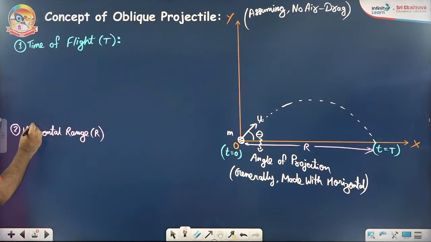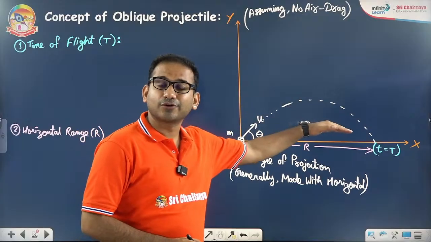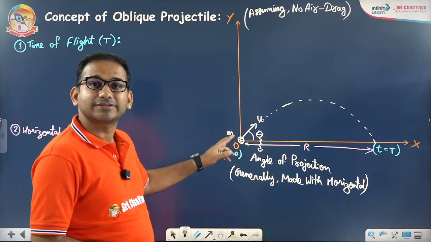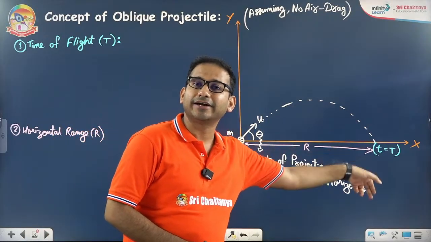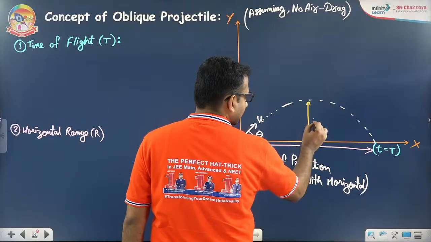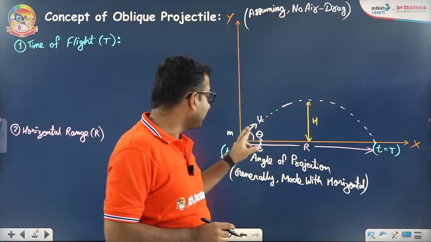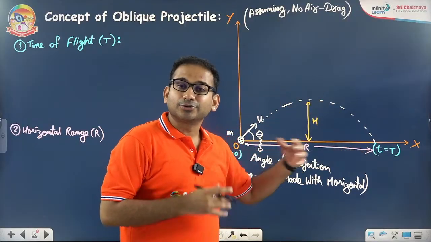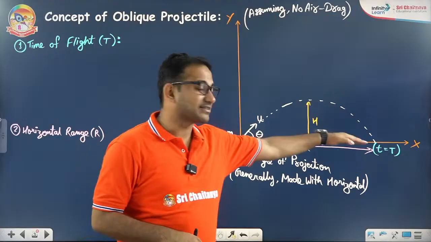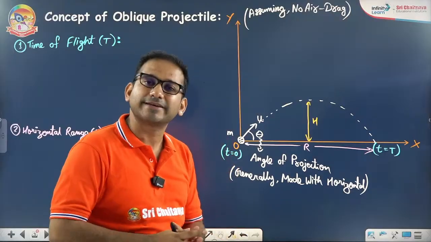Similarly, throughout its journey, you can see for a while it was going up as well as forward, and for the later half it is going down as well as forward. Eventually it is coming back on the x-axis, so in the overall projectile motion shown on the board there is an effective displacement only in the x-axis, but in the y-axis there is no effective displacement.